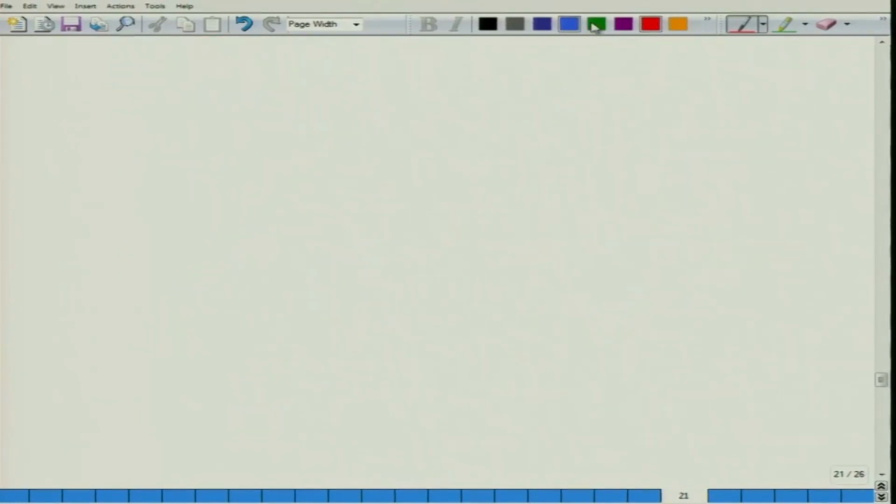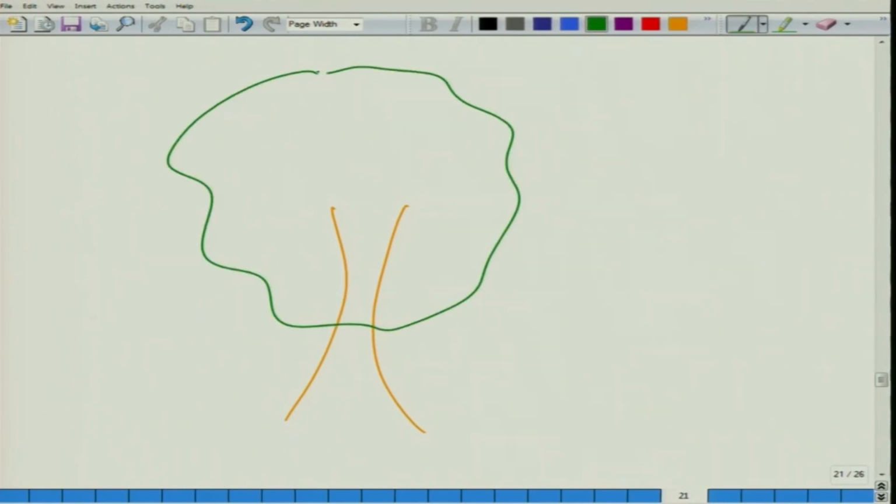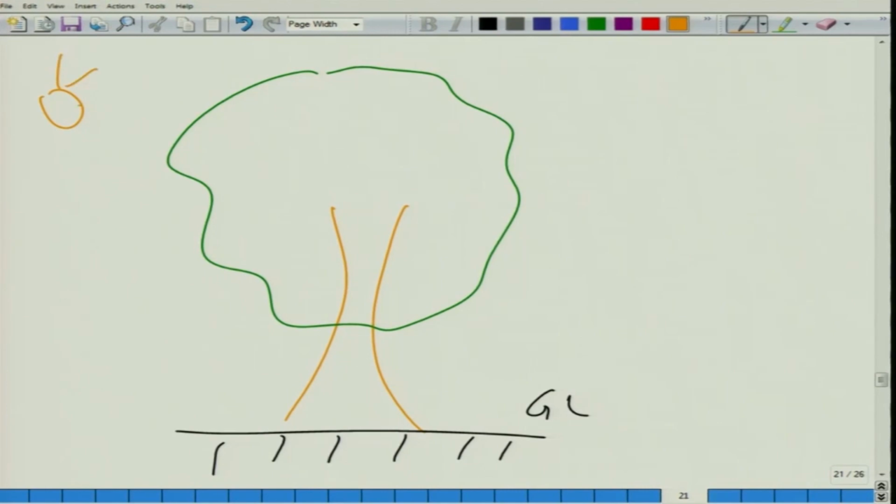When we have a tree, so this is the ground level. Now when we look at the sun, that is giving out light, and light is an important component of photosynthesis. This light is intercepted by the lateral surface of the cone.